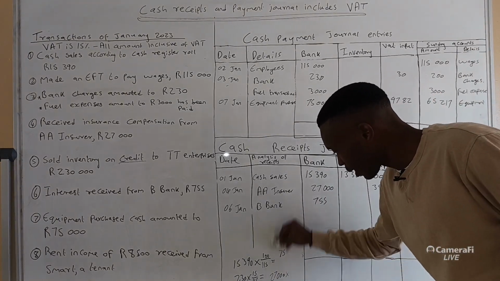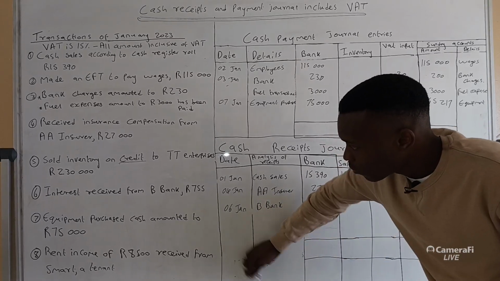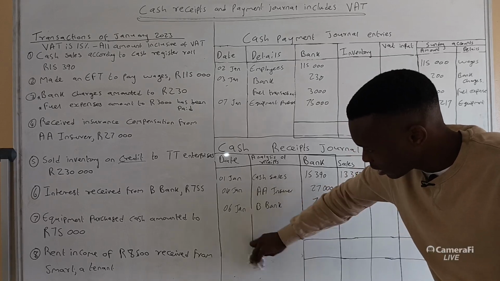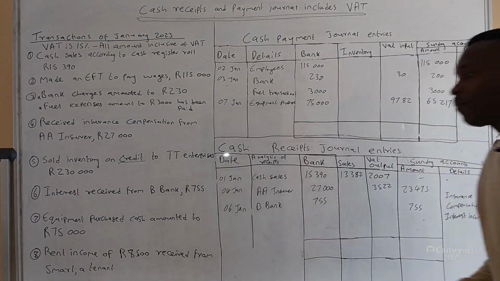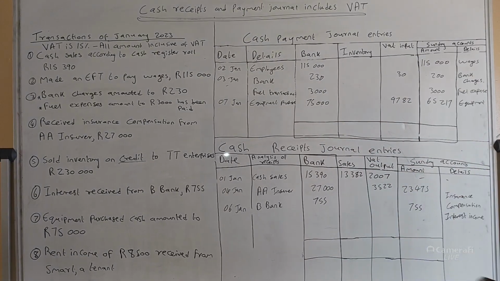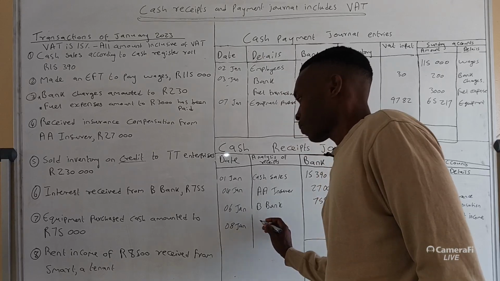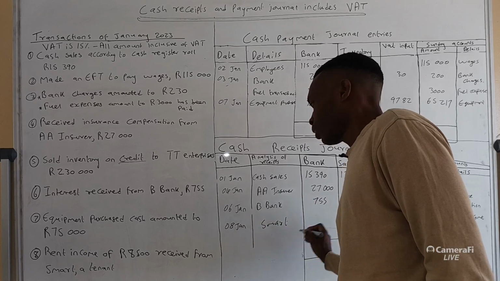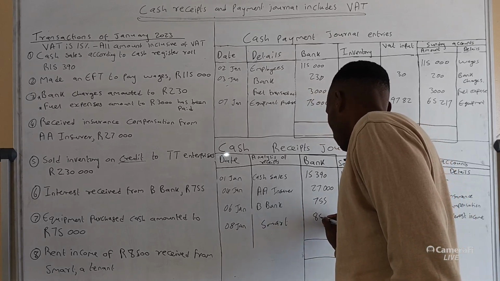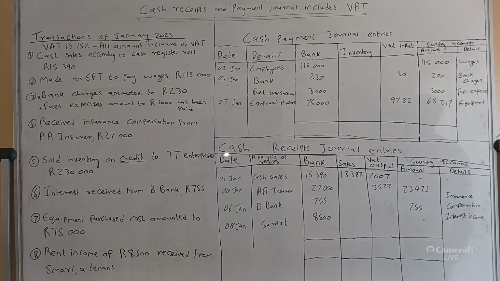Okay, now let's go to the last one. A rent income amount of 8,500 received from Smart tenants. Okay, we receive rent income on 8 January. We receive it from Smart. Okay, the amount is 8,500. Now the question is, do we have to calculate VAT in this case?